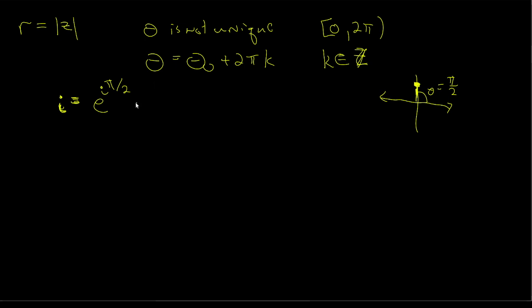But that's the same as e to the i 5 pi over 2 as I add 2 pi to it. So there's an infinite amount of places where I can come in polar form. And this actually really helps us. In general, what we'll say is i is equal to e to the i times pi over 2 plus 2 pi k.